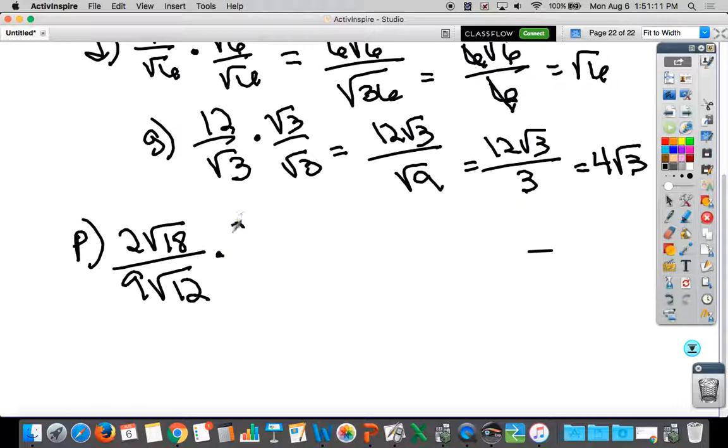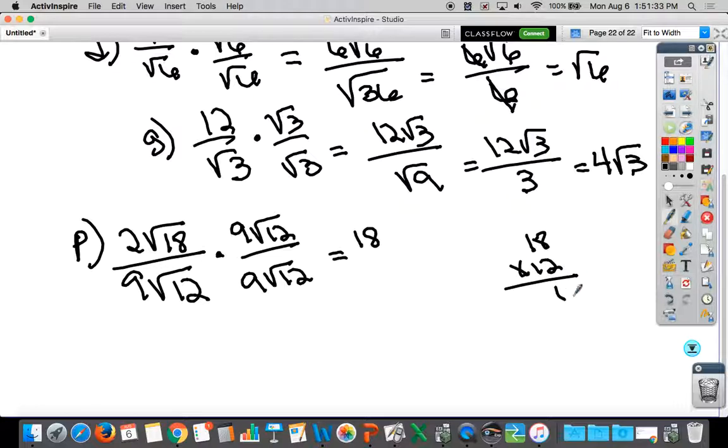I'm going to multiply by 9 square roots of 12. Okay, outside times outside. 2 times 9 is 18. Now I'm going to do 18 times 12. 216.